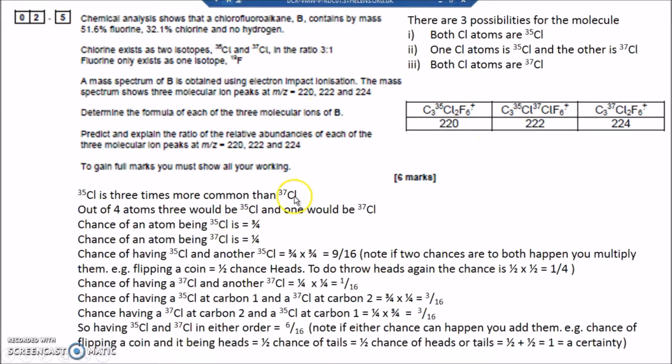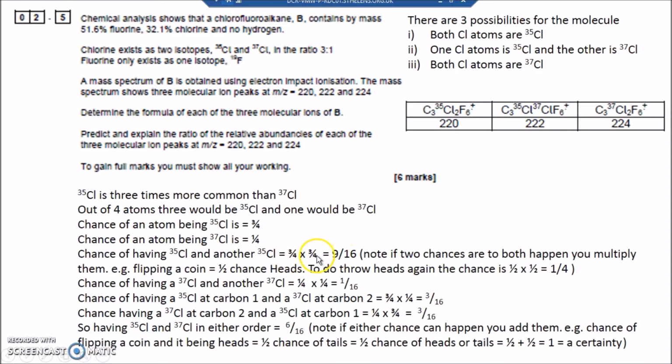So what you actually do is, if I've got 2 35s, the chance of getting 1 35 is 3/4, the chance of getting a second 35 is another 3/4, and you multiply the two together. 3/4 times 3/4, well, you could do it on a calculator, equals 9/16.